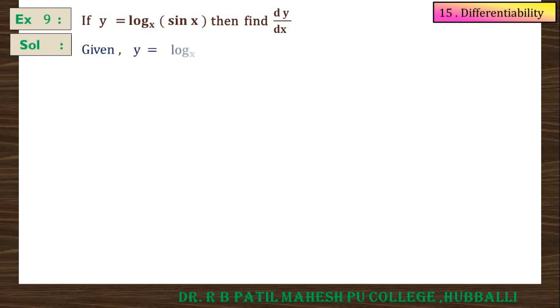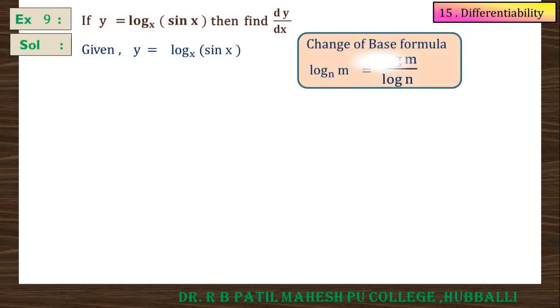Given y is equal to log sin x to the base x. Now I use the change of base formula: log of sin x divided by log of x. It is very simple: log for sin x and log for the base x.